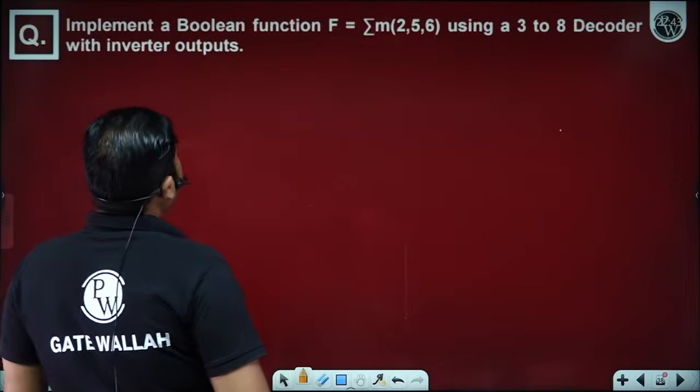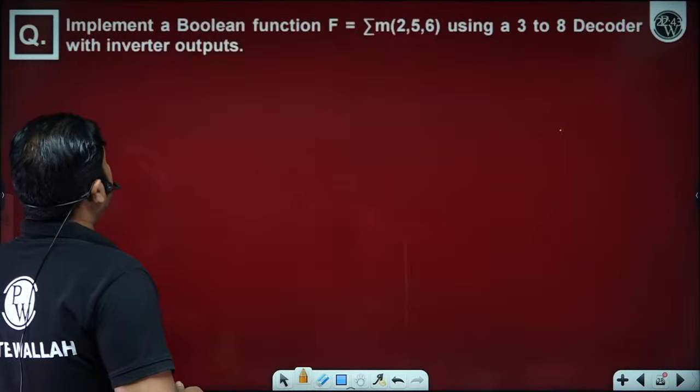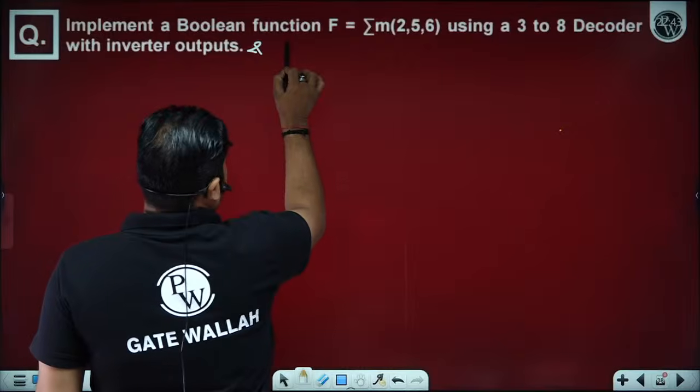So implement the Boolean function by using a 3x8 decoder with inverted outputs and a NAND gate.